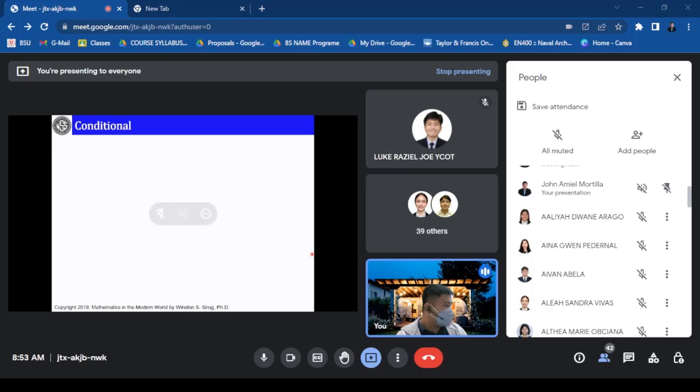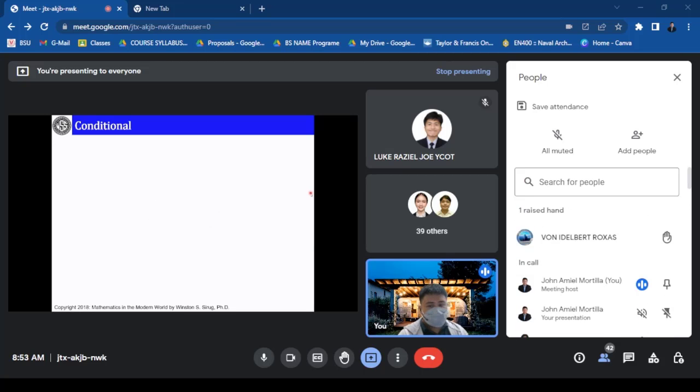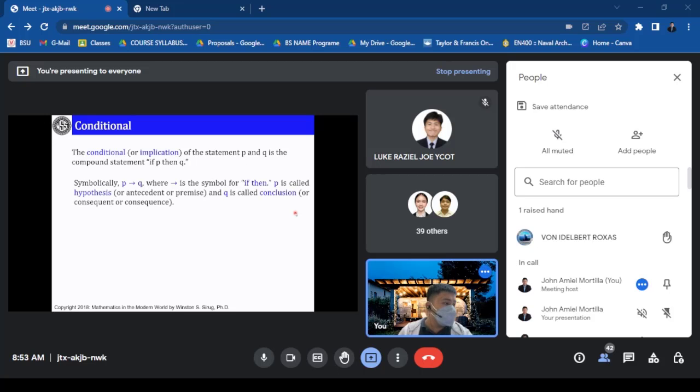Okay, so next we have conditional. So in conditional, the statements P and Q form the compound statement if P then Q. So symbolically, P arrow Q, where the arrow pointing to the right is the symbol for if-then.